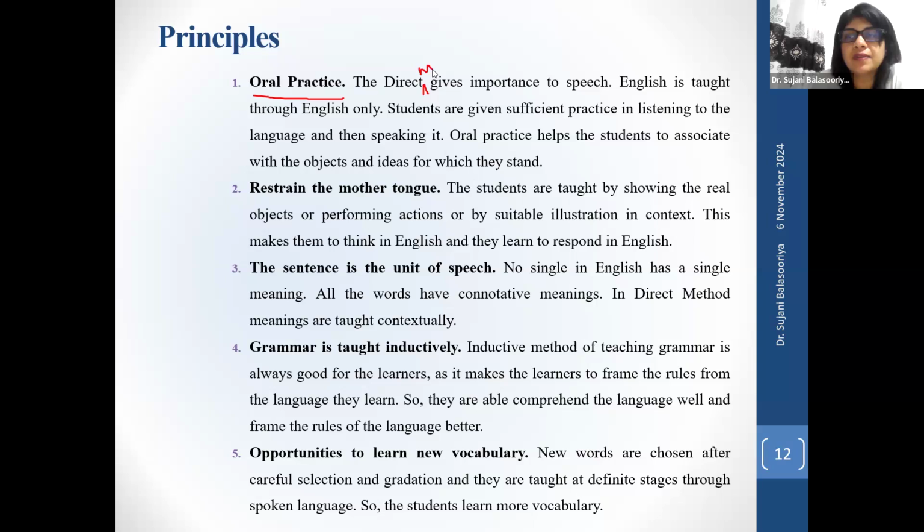What do you mean by this? Anybody who is willing to share what you have understood? Yes.